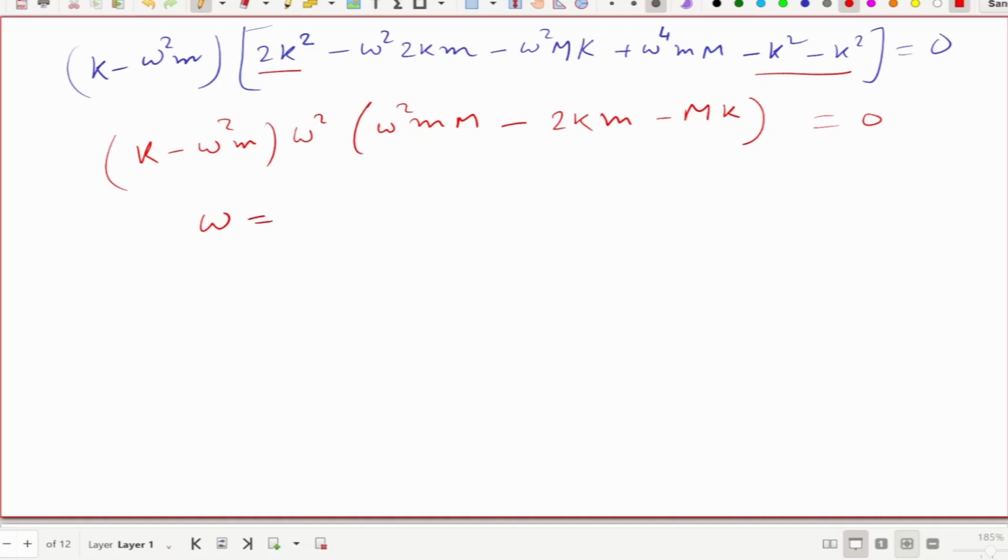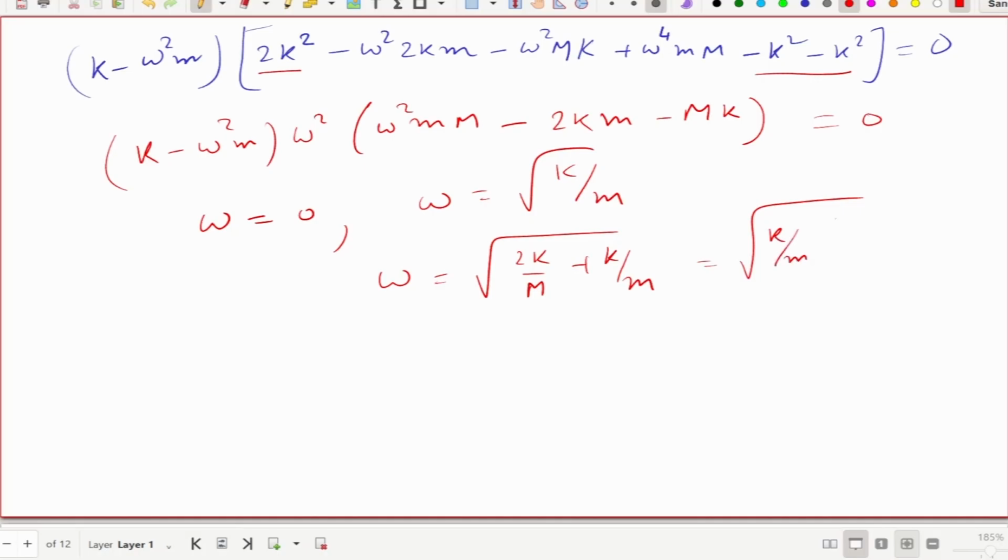Omega equal to 0, because omega square is multiplied, and then omega equal to root k by M, and from this term you will get omega equal to root over 2 k by M plus k by M, which you also can write as root over k by M common, 1 plus 2 M by k. So, these are the normal frequencies.